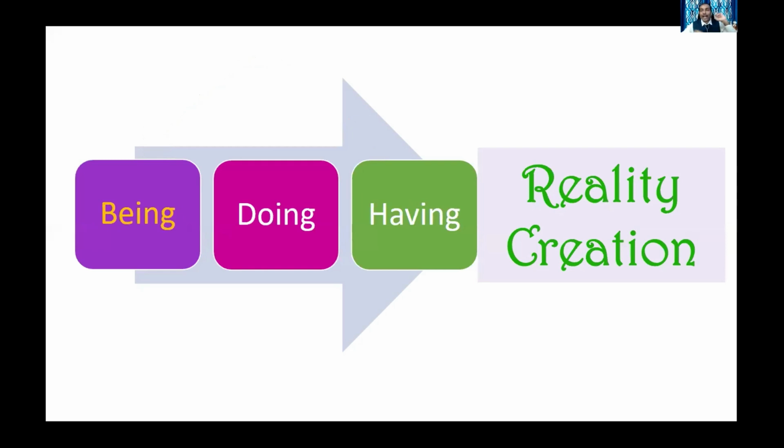Instead of having everything first and then taking action, you need to be that first. If you want to become rich, be rich now. You want to become healthy, be healthier now. You want to have great relationships, you want to live in a great society, be that now, then take action, and you will get everything in your life. And that's the basic switch we need to make.